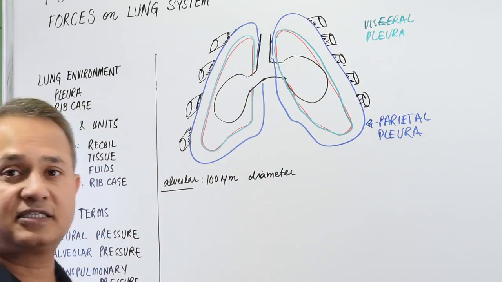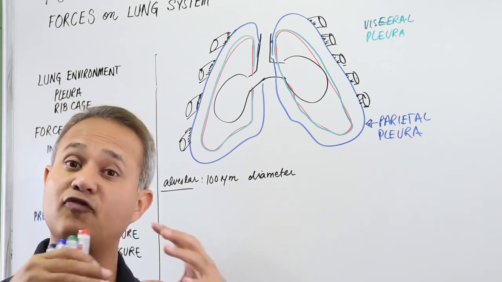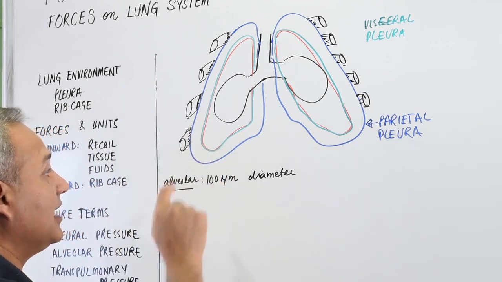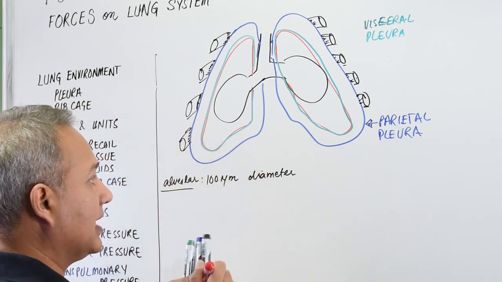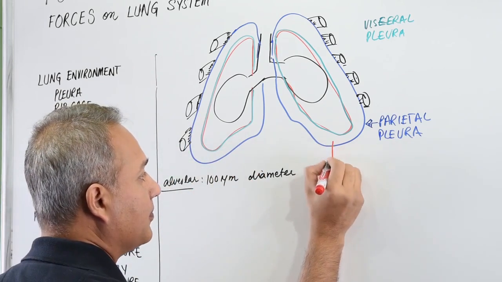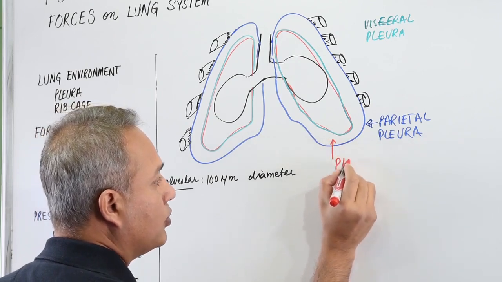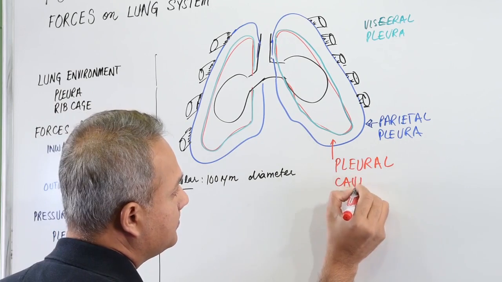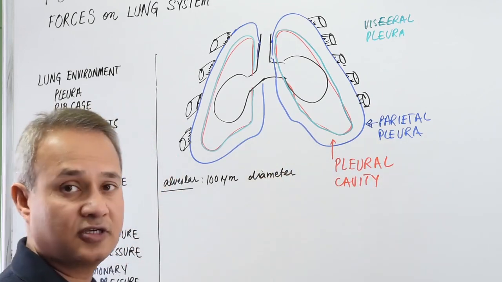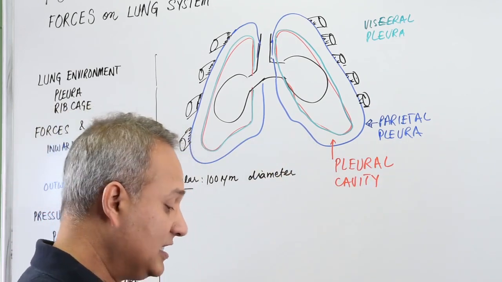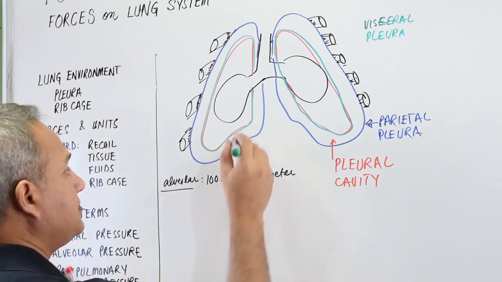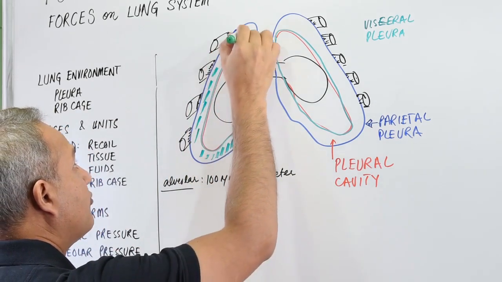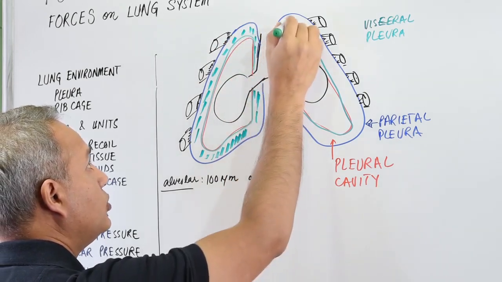Lungs live in the chest cavity, in the mediastinum. They are floating in there. They are not anchored. They are sitting in what is called the pleural cavity. This cavity is between the visceral and the parietal pleura. It is filled with fluid, the pleural fluid.